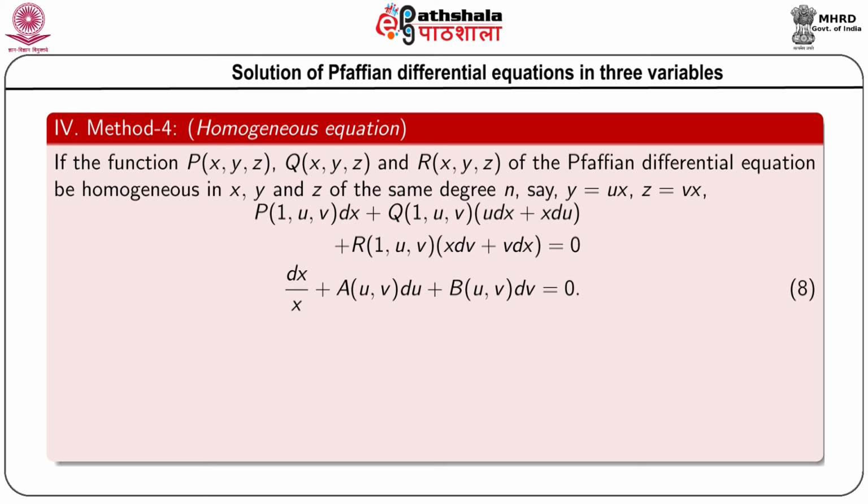For a homogeneous function, if we substitute y equals u times x and z equals v times x, the equation becomes this, and we can see that the variable x becomes separable. The other two expressions A and B are functions of two variables, and again it possesses an integral. Therefore, it is possible to find the integral for this case.